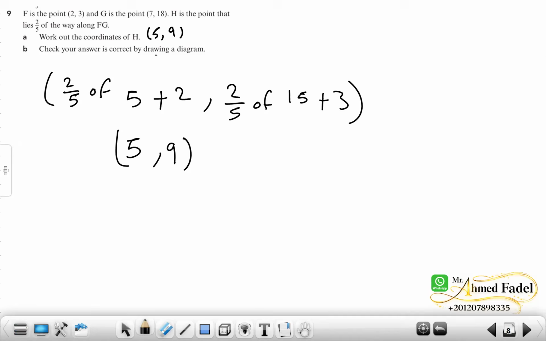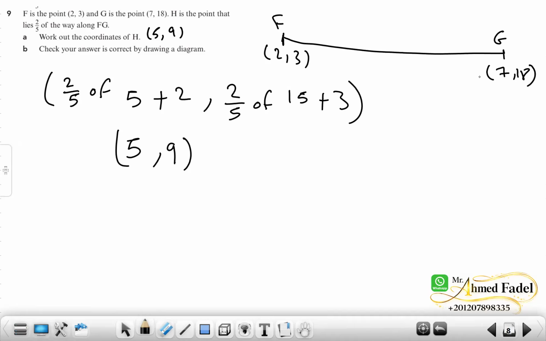Check your answer is correct by drawing a diagram. You can just draw the diagram and divide it into parts, into 5 sections. Here you go. The diagram starts at F, which is 2, 3, and ends at G, which is 7, 18.